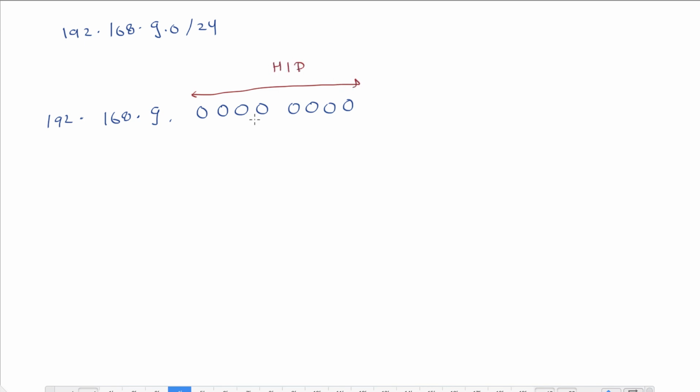Now from this host ID I am borrowing 2 bits for the subnet, which means this 0 0 or this 0 1 will represent one subnet. Now you can change this host ID to anything, which means there are 6 bits in the host ID and 2 power 6 IP addresses are possible, and if I talk about hosts, then 2 power 6 minus 2 hosts are possible.